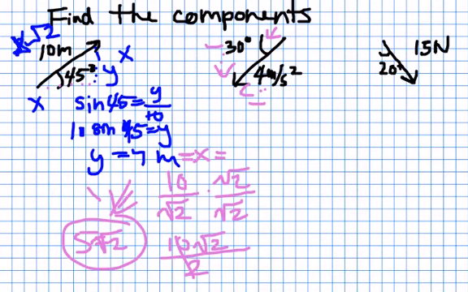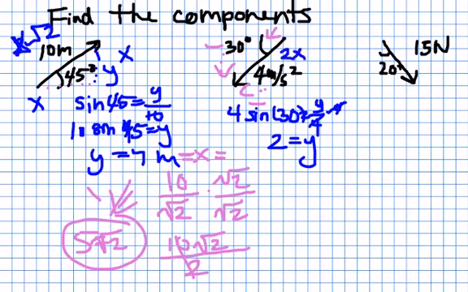But if you want to do y, we can do the sine of 30 equals y over 4. If you do this, you actually don't need to plug into your calculator. It's 2, because your hypotenuse is worth essentially 2y, and since this is y, if this is equal to 4, y must be equal to 2.